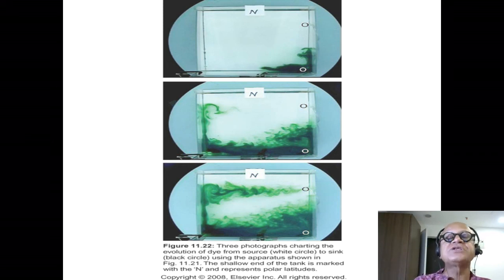Here, ocean has boundaries and it experiences the beta effect in a very different way, and it does that by having western boundary intensification as opposed to the baroclinic instabilities. There are baroclinic instabilities in the ocean as well, but the processes are very different.